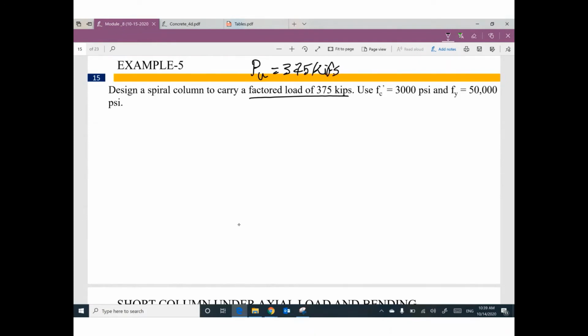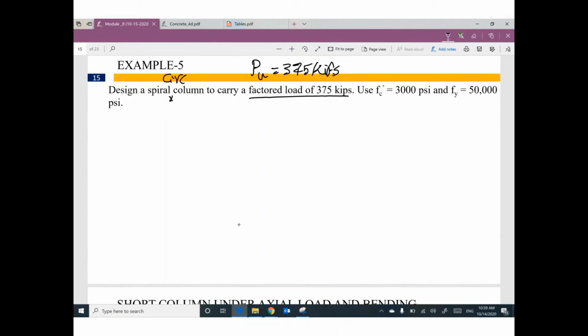It comes from structural analysis. This column is in a building, and the reaction coming to this column after you applied factors for dead load and live load and all of this stuff, the final reaction will be 375. We need to design a spiral circular column.